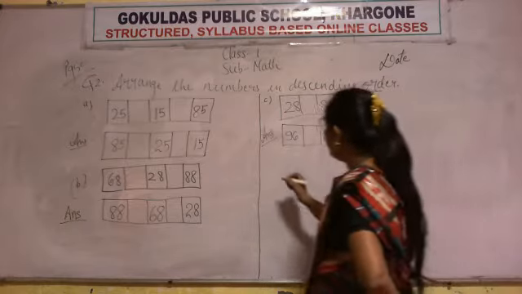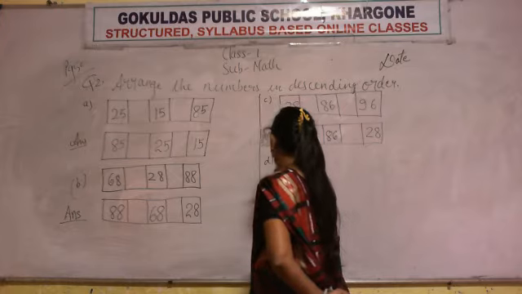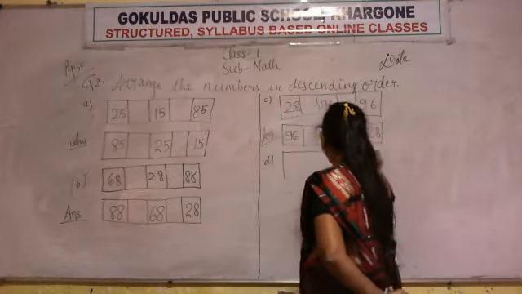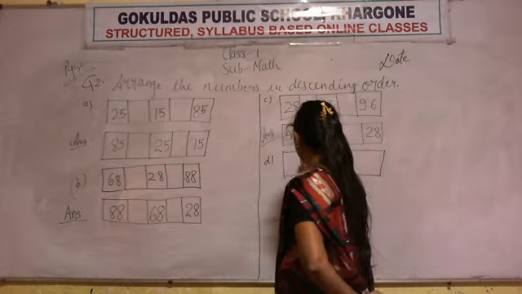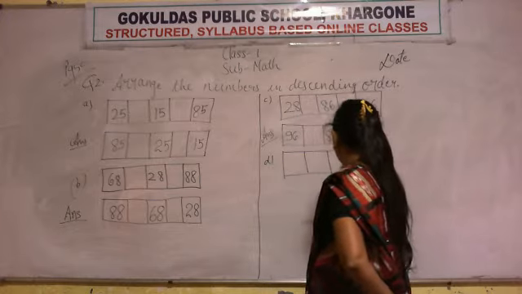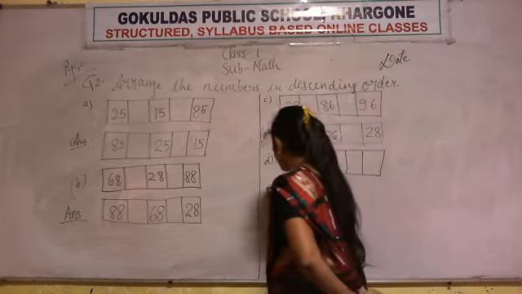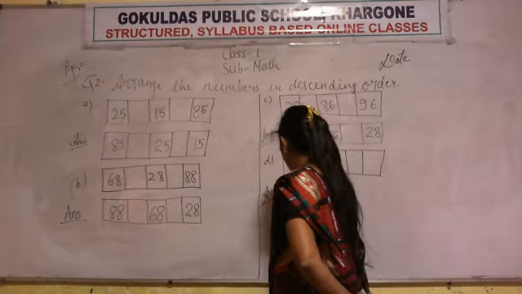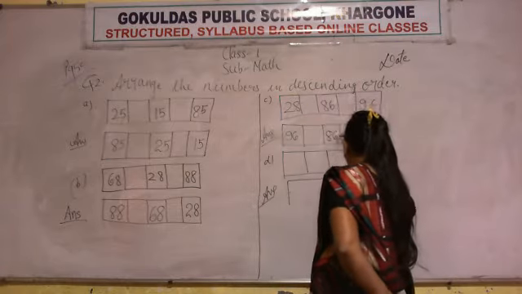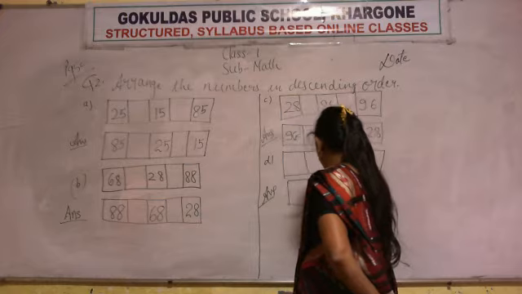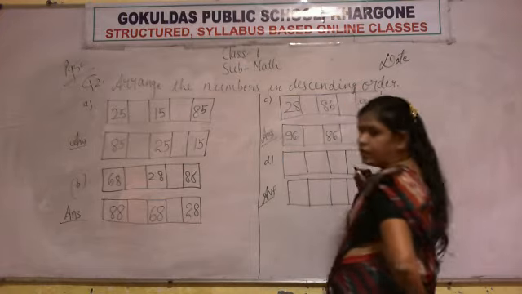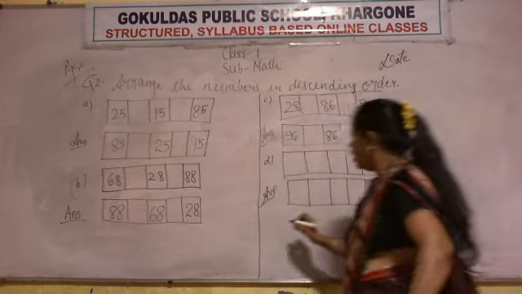Now the next question D. I am writing 2 questions D and E here, and now you solve these 2 questions. You arrange these numbers in descending order, and then you check when I write the answer. At that time you check whether you have done it correctly or not.